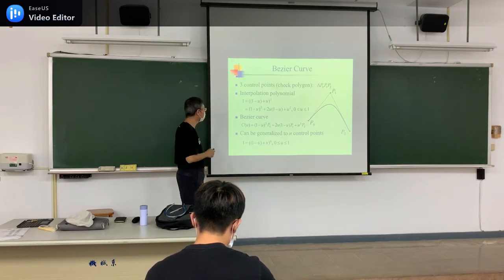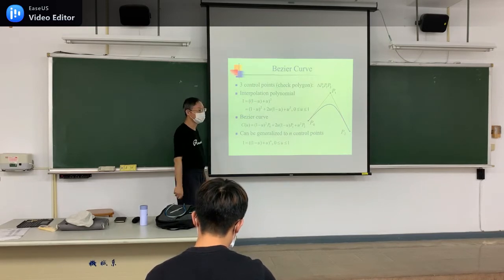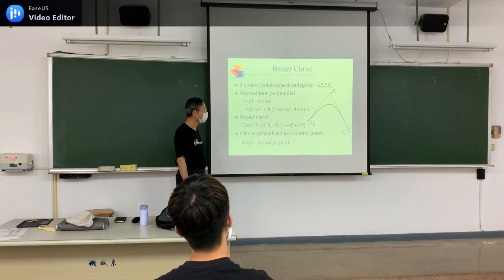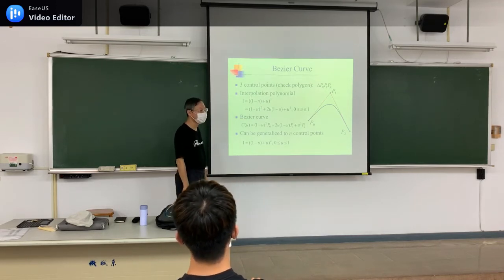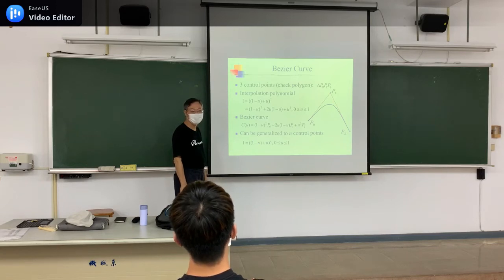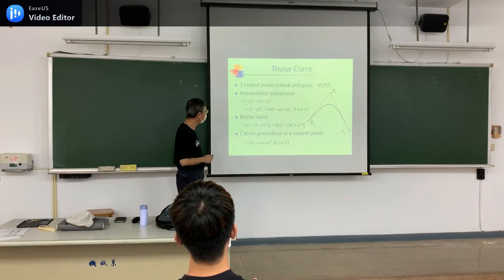So you take this way. 1 can be considered as 1 minus U plus U. Okay. And the square is also 1. Right. So you take the polynomial expansion. So you get (1 minus u) squared plus 2u(1 minus u) plus u squared.